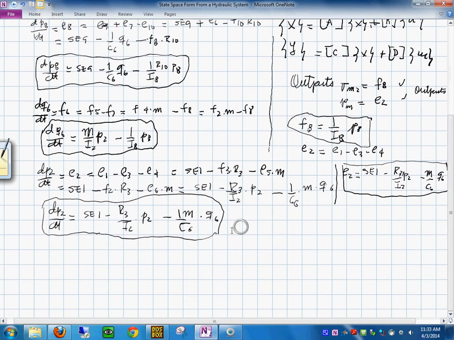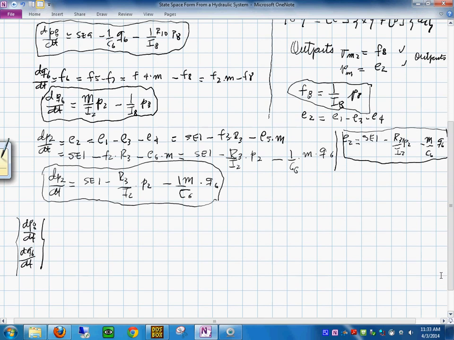Now, the way you do it is you put it like this. This is d p sub 8 dt, and then you put dq sub 6 dt, and then you have this dp sub 2 dt like this.